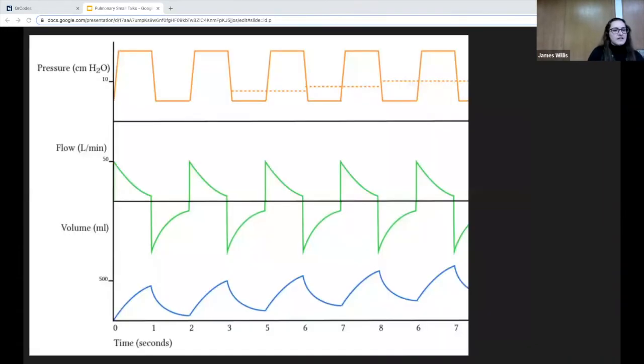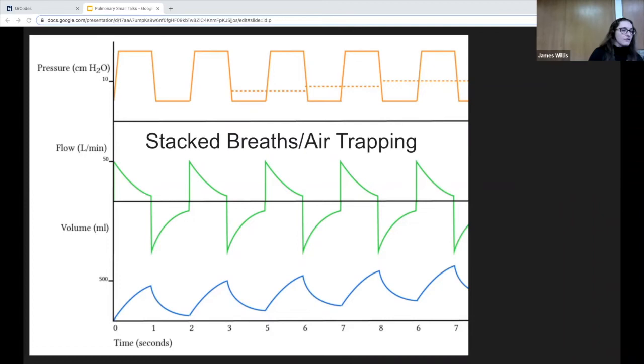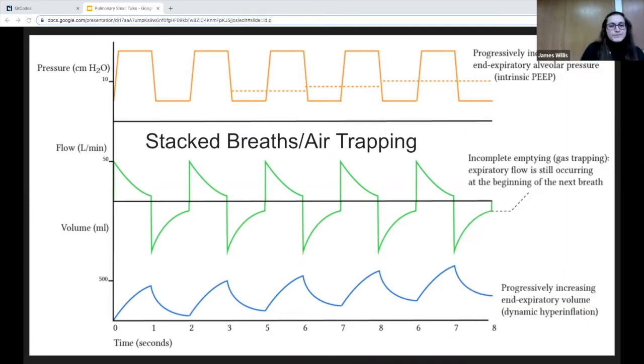You look at the vent, and these are some of the tracings you see. The vent may be alarming because of increased peak and plateau pressures. So here you have stacked breaths, also known as air trapping. Each of these tracings will show, on the top pressure tracing, progressively increasing end-expiratory alveolar pressures, which is your intrinsic PEEP.